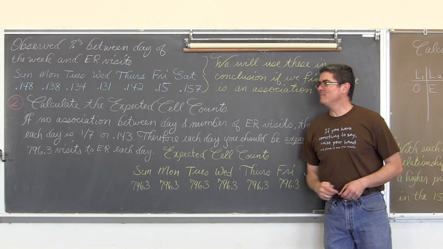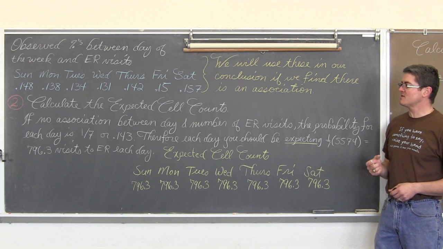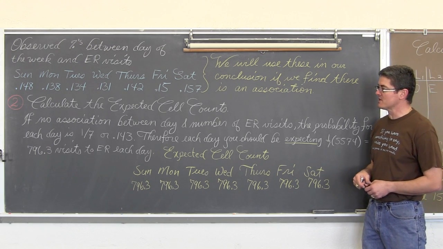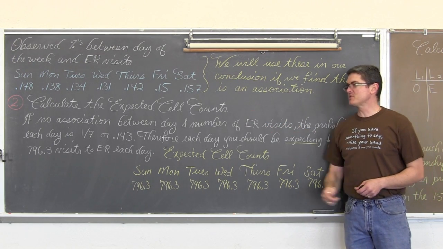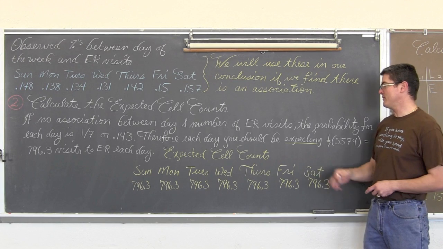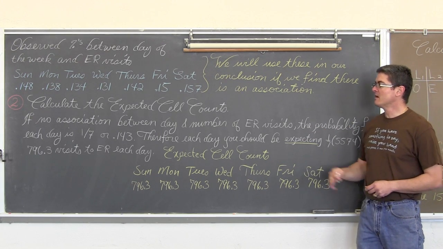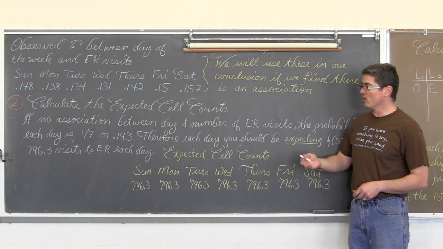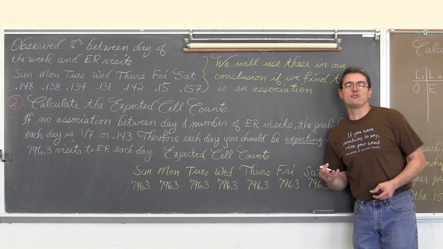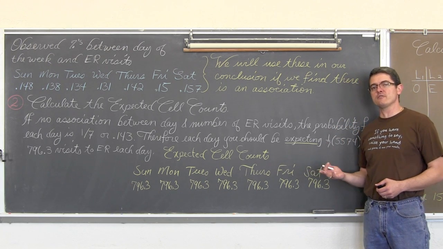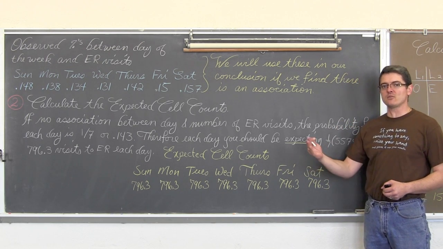Okay, we're going to calculate the expected cell counts for each of those cells in the table. If there is no association between the day and the number of ER visits, the probability for each day is 1/7, or we should be seeing that 14.3% of all ER visits occur on every day of the week.